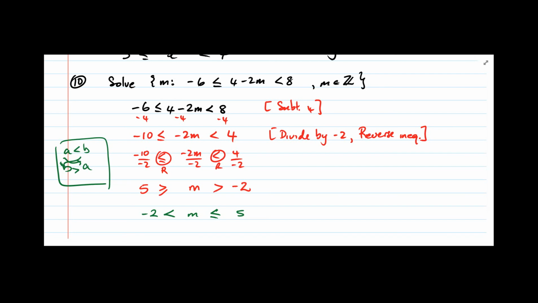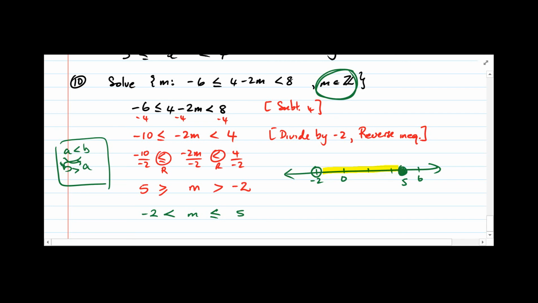Now look carefully. If some of you automatically did this, where you put in negative 2 here, 0, 2, 4, 6, so 5 would be here, and you drew an open circle, you would be incorrect.